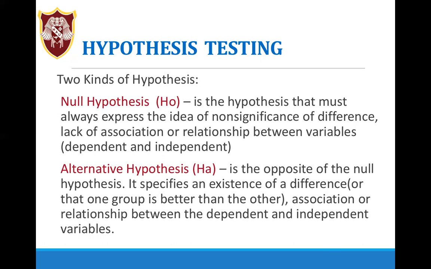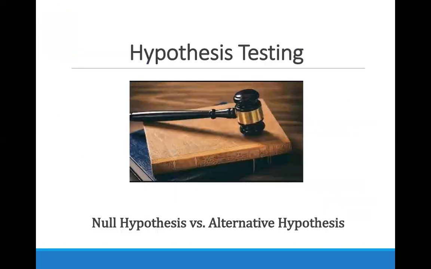The alternative hypothesis is typically what the investigator would like to show. The goal of statistical testing is to decide whether there is sufficient evidence from the sample under study to conclude that the alternative hypothesis should be believed.